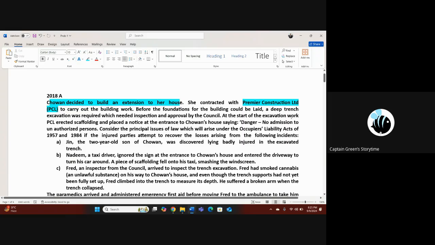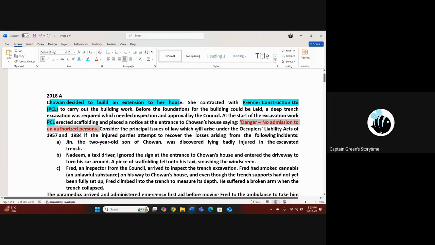At the start of the excavation work, PSCL, which is Premier Construction, erected scaffolding and placed a notice at the entrance to Chuan's house saying, danger, no admission to unauthorized persons. Okay, this has been the notice by Chuan's contractors.